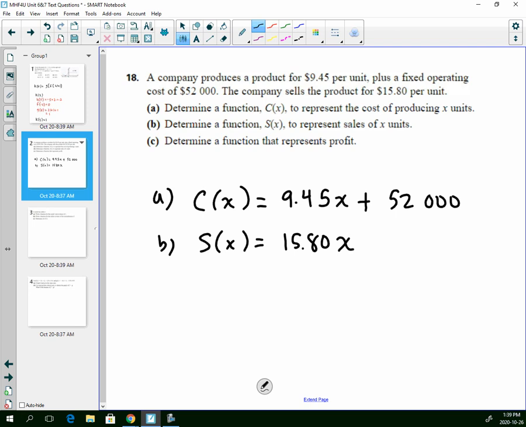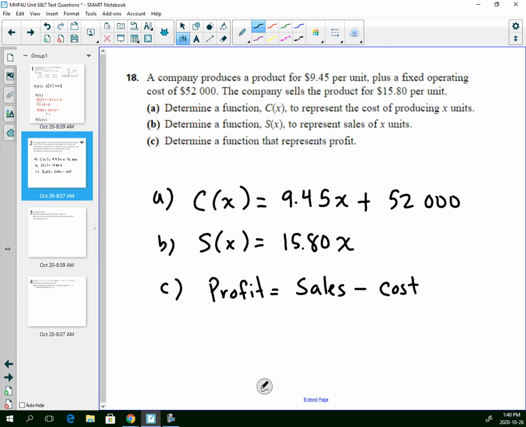And then C asks for a function that represents profit. Well, I make profit by selling my product, but then I have to subtract the cost it takes me to make the product.